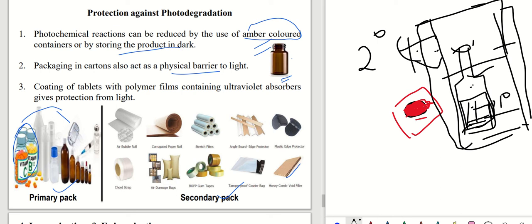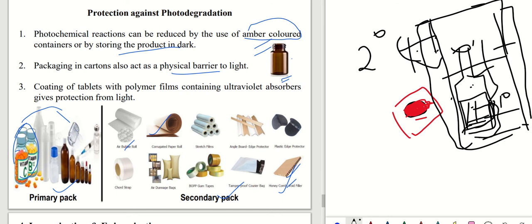Most of the secondary packs will have this kind of filler. This acts as a physical barrier, and in a few containers we'll have bubble wrap. This acts like a shock absorber. But for most of the drugs that are prone to photodegradation, they have soft cardboards or a paper roll inside the secondary pack.